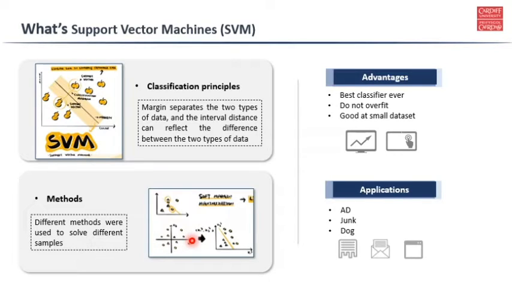When the sample distribution cannot be distinguished by a straight line, it can be mapped to a space where it can be distinguished by a straight line. SVM has many advantages and applications in the real world.